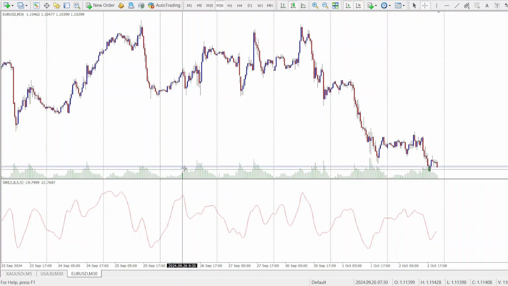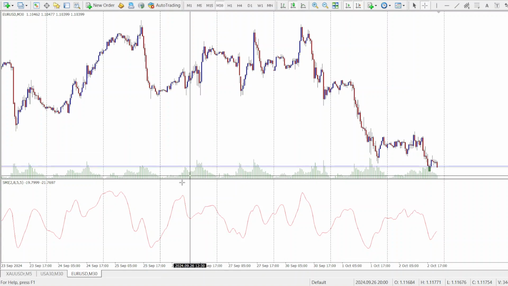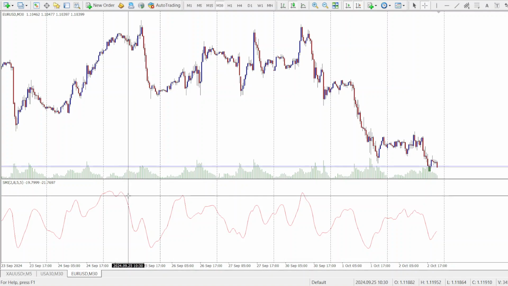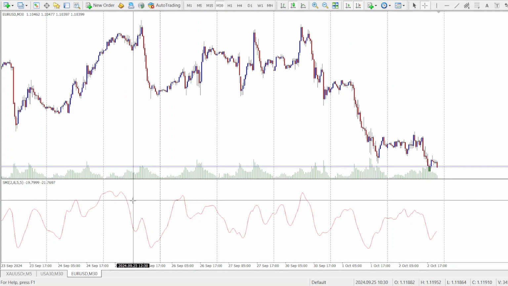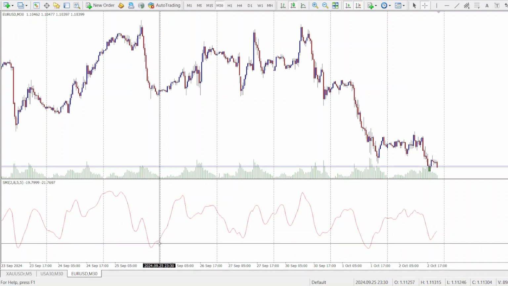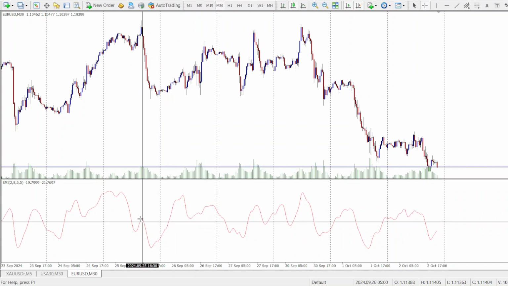And remember, in a previous video, I discussed that the SMI follows the trend. When there is bearish pressure, the SMI moves in the downward direction, and when there is a bullish pressure, the SMI moves in the upward direction.